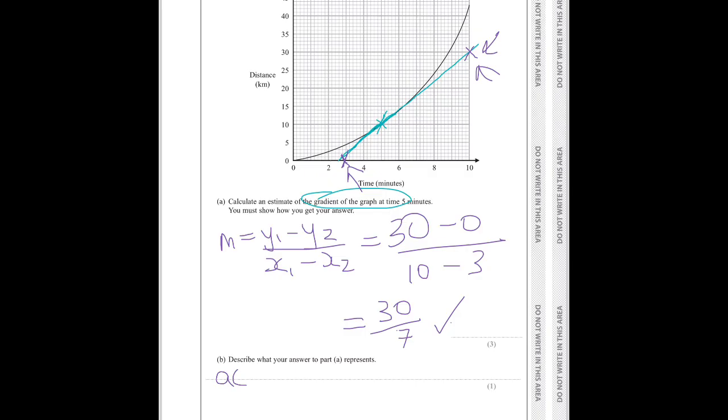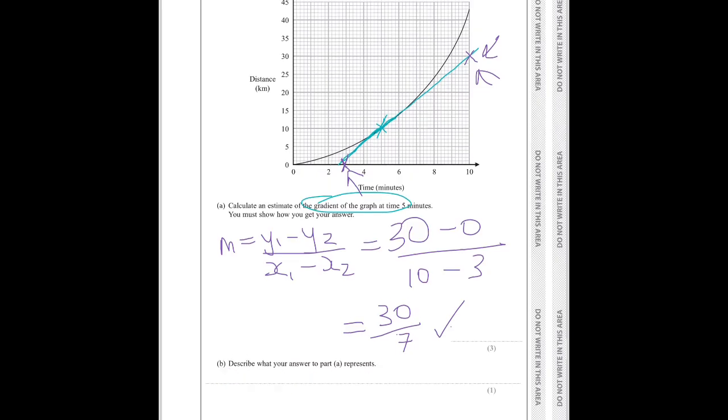Is it, I'm thinking velocity time graph is acceleration. So the difference in distance over the difference in time. Think about where you've seen the difference in distance and the difference in time. That's speed, isn't it?